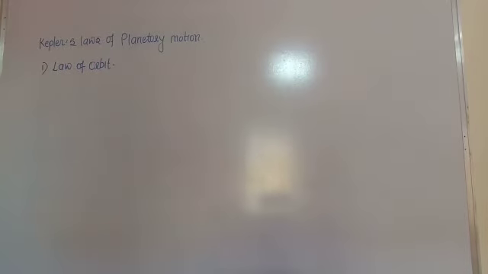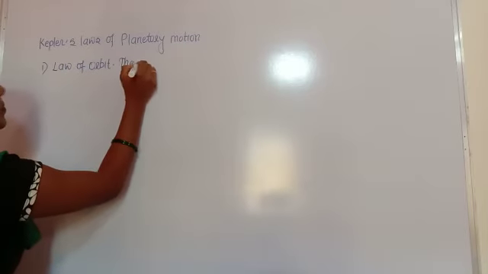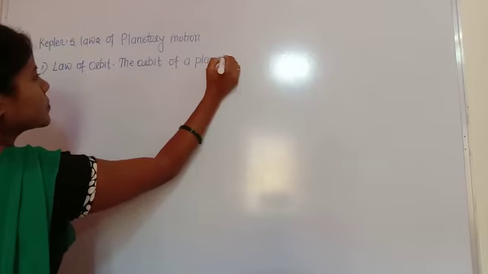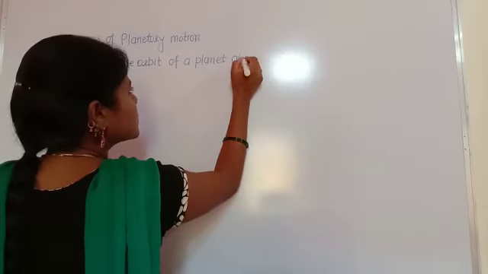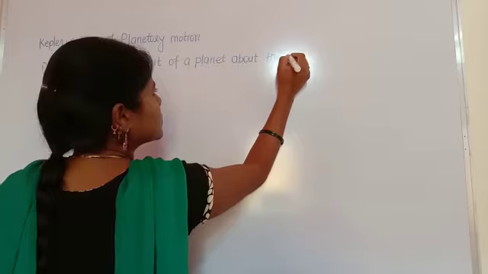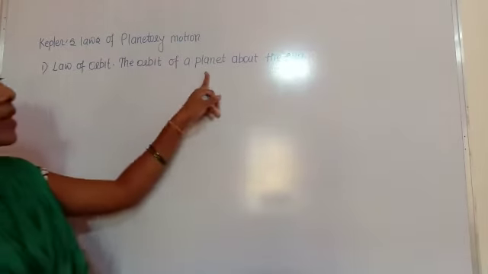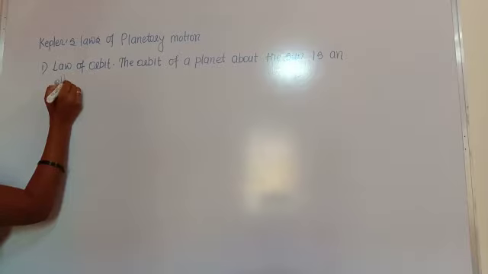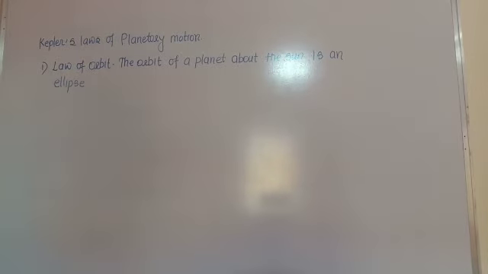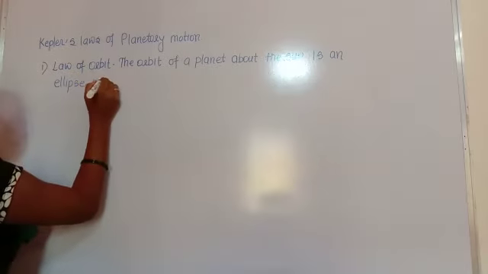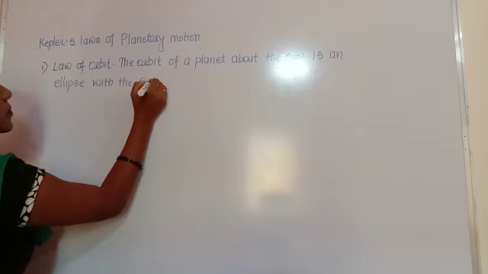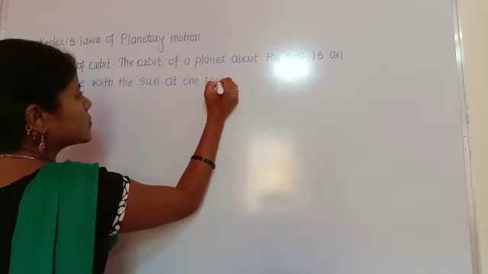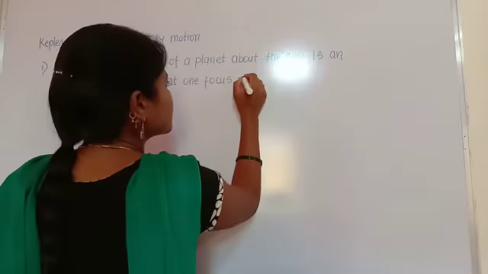The statement is: the orbit of a planet round the sun, or about the sun, is an ellipse with the sun at one focus of the ellipse.